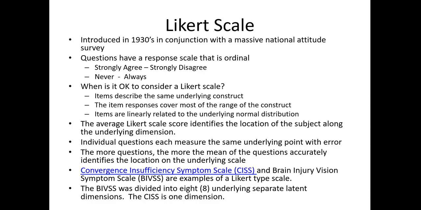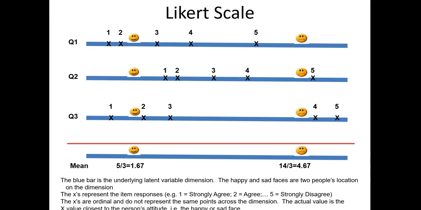But it's also considered under a Rasch analysis because those variables are not all that independent and separate. They're mostly that way. But you can also consider the BIVS as a single underlying scale, and you can get an answer from that. So you can do it either way in this case.